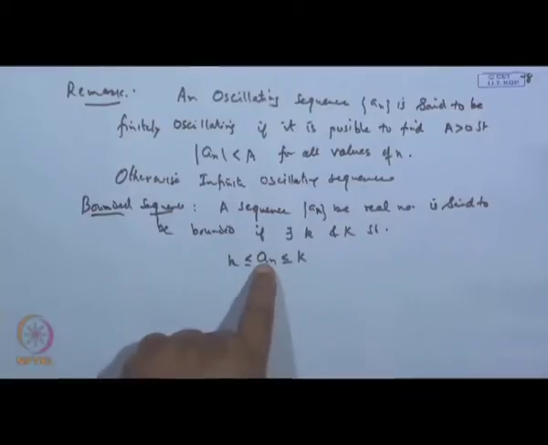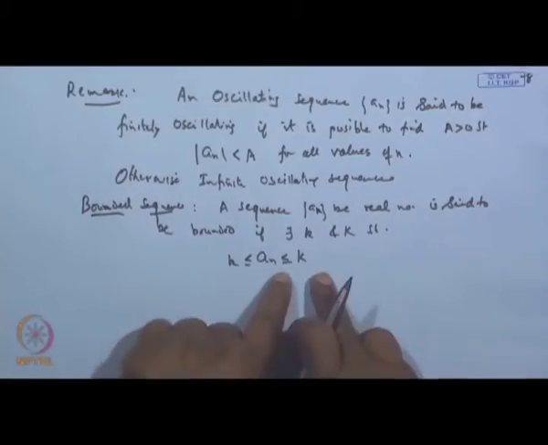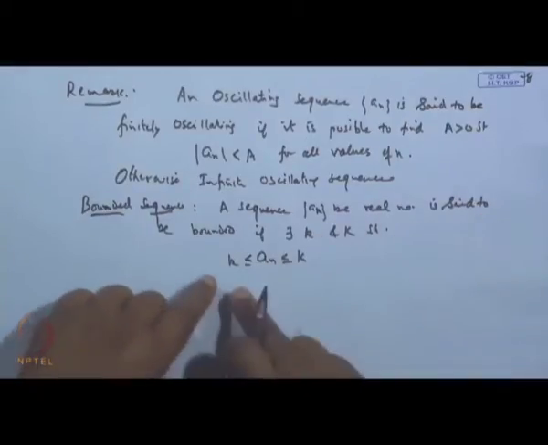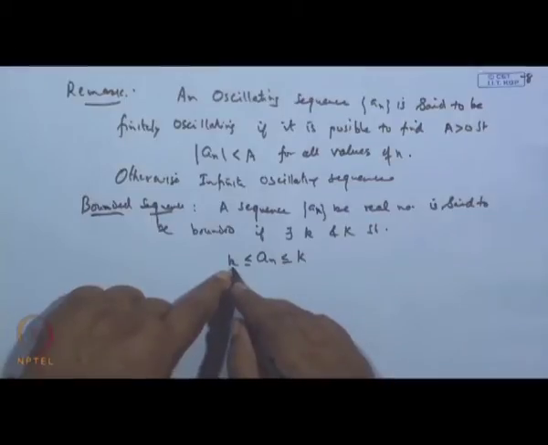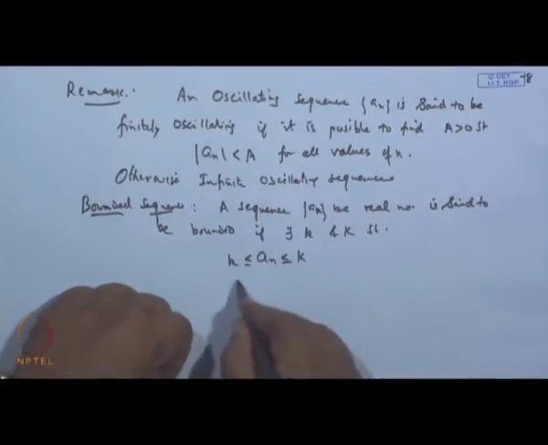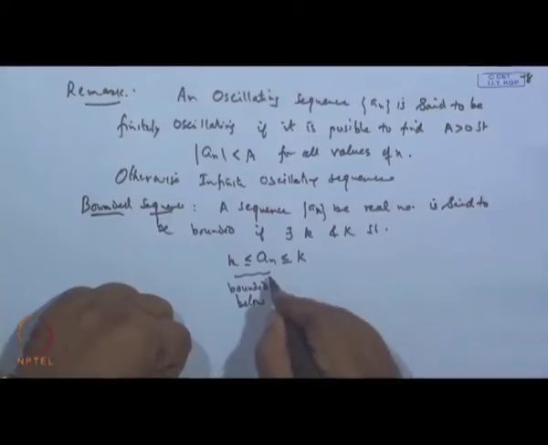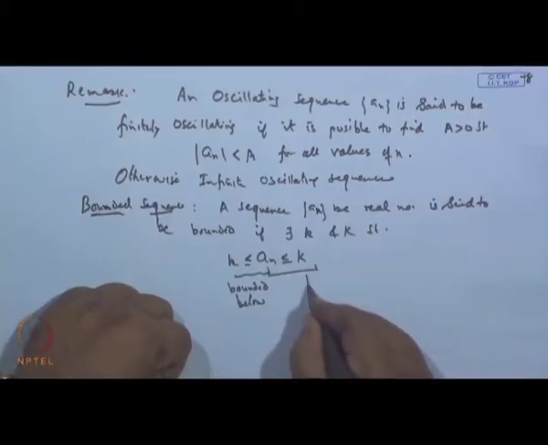Suppose we have the two bounds, it is not necessary that we have the same bound. A sequence A n is said to be bounded below if there is a small k such that all the terms of the sequence are greater than or equal to k, while the other condition gives bounded above.